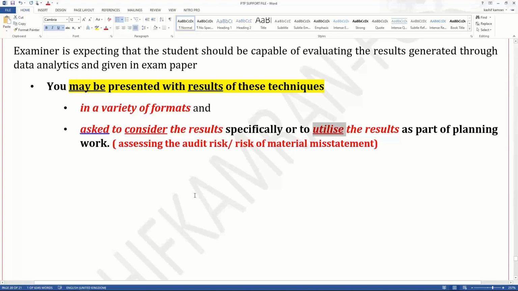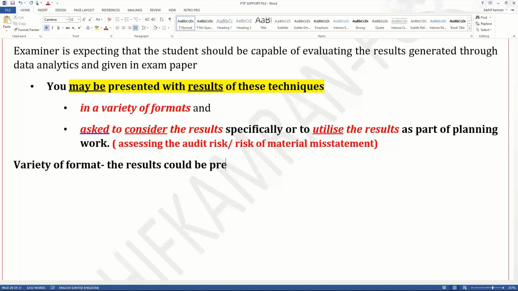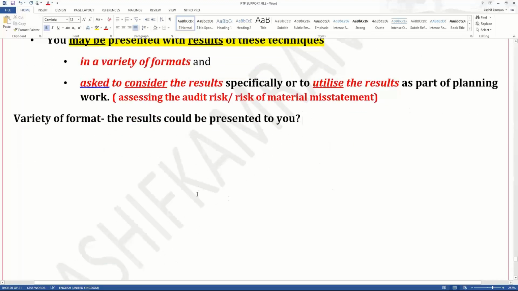Right? Is everyone clear with the discussion? Now let's look at the last thing: variety of formats. The examiner is saying the results could be presented to you in a variety of formats. I am not the examiner, but at least I am a tutor for AAA.